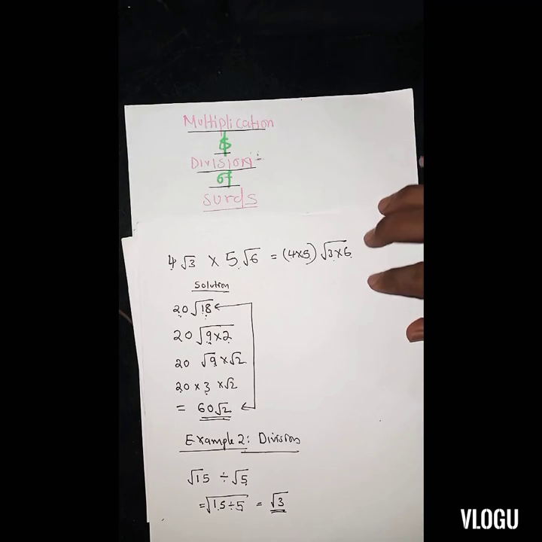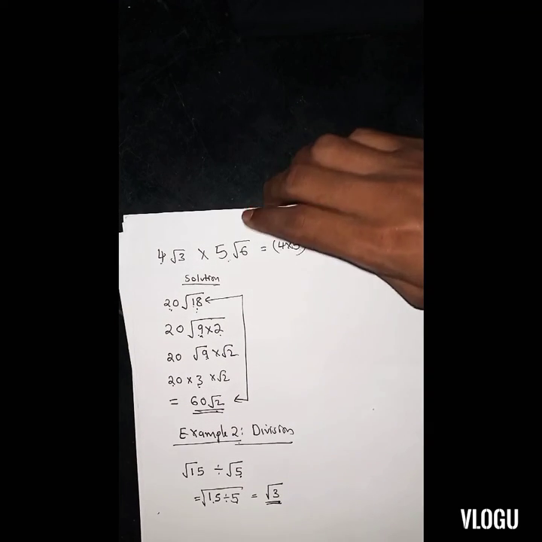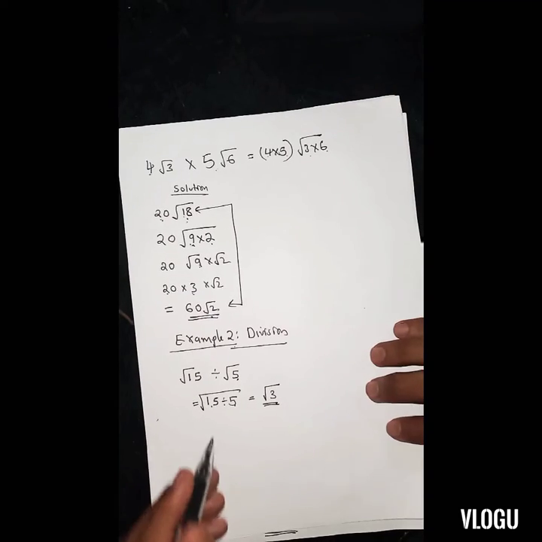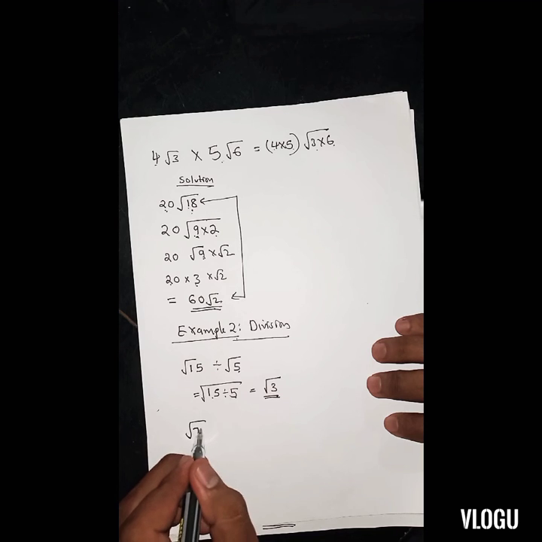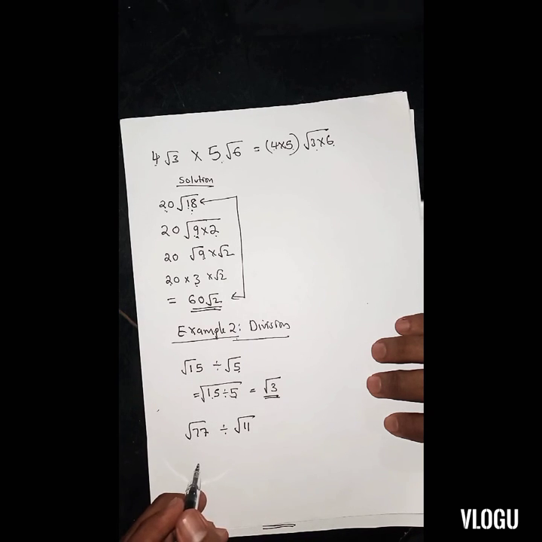I hope math is fun, and I would wish you to change your attitudes towards this subject. Alright, let me go to the next example. Let's say you have root of 77 divided by root of 11.